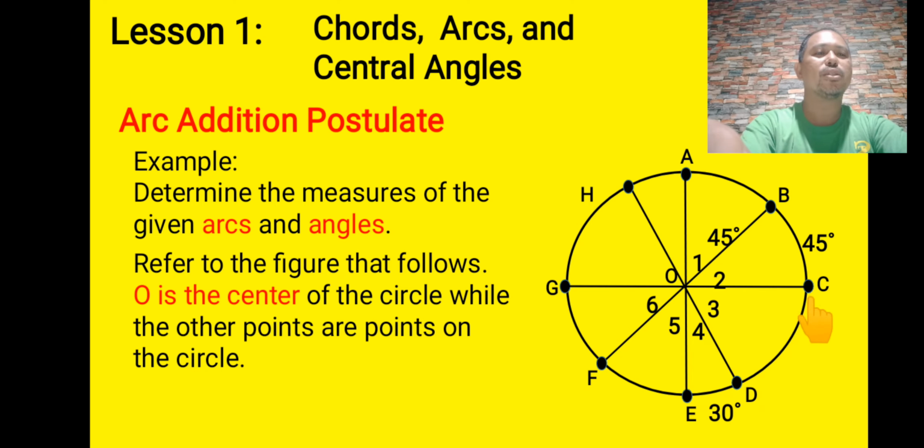Okay, so there are many points here. Point A, point B, point C, point D, point E, point F, point G, and point H. Point O is the center of the circle, and we name this circle O.